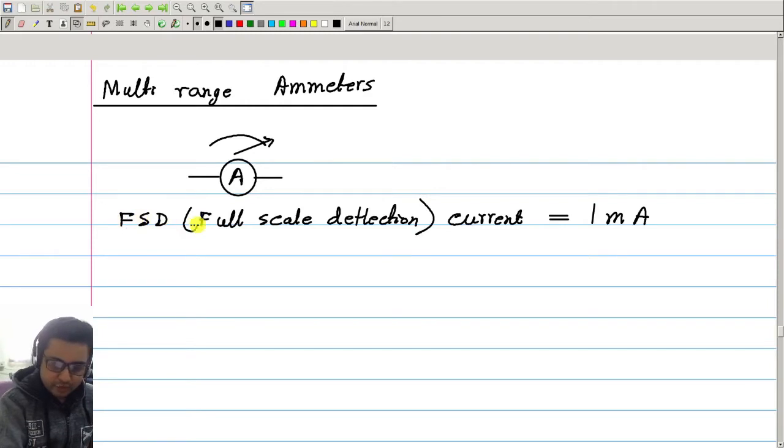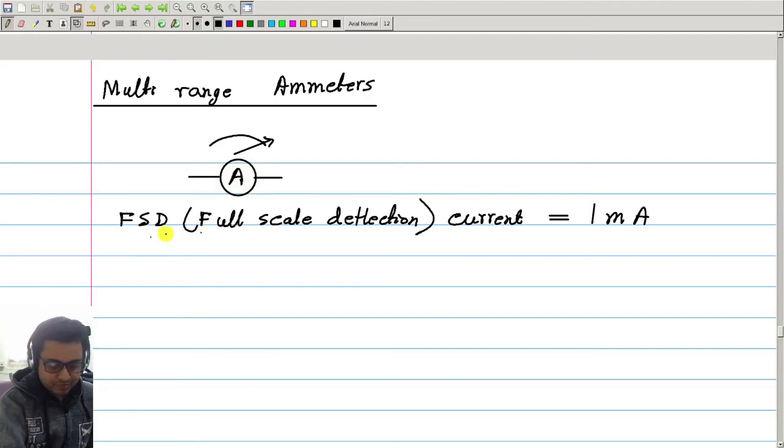Now, if the full scale deflection current of a meter is 1 milliampere, then we cannot measure more than 1 milliampere using this meter. But suppose we want to measure 10 milliampere. Do we need to use a different meter, or is there something we can do to this meter? Can we change something here so that this meter can also measure more than 1 milliampere?